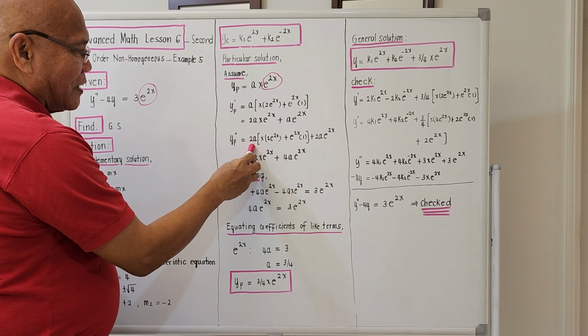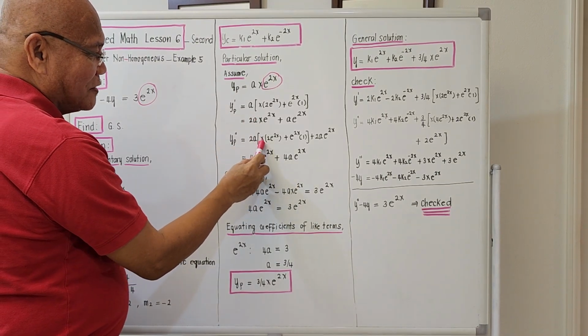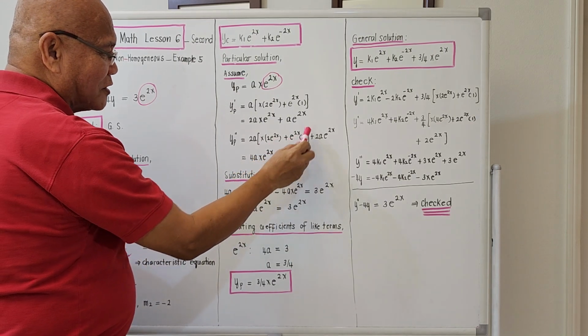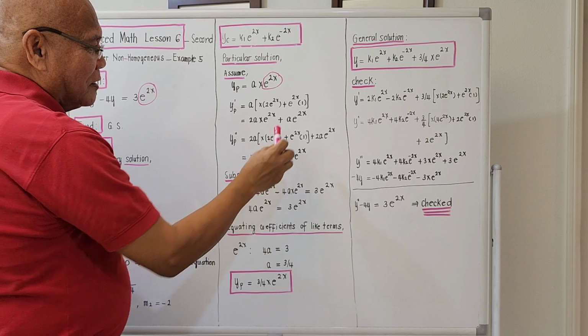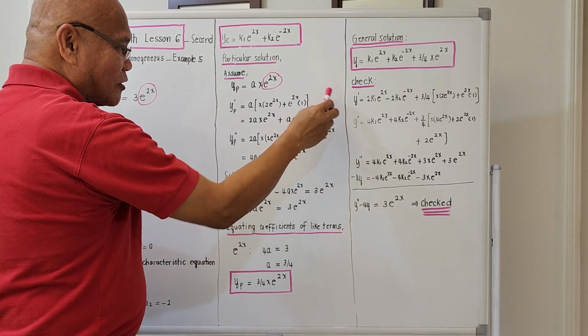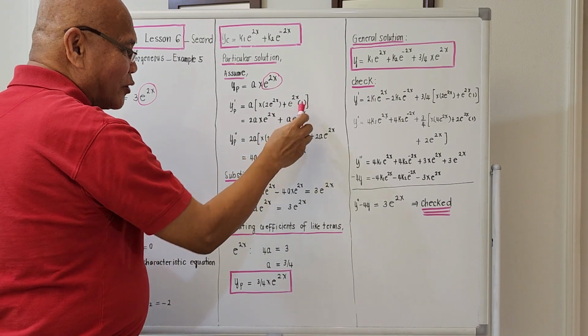So it should be 2a times the first function, derivative of the second, plus the second times the derivative of the first, close bracket, equal to the derivative of this one. A is constant, this is an exponential function, it should be a times e to the 2x times 2.